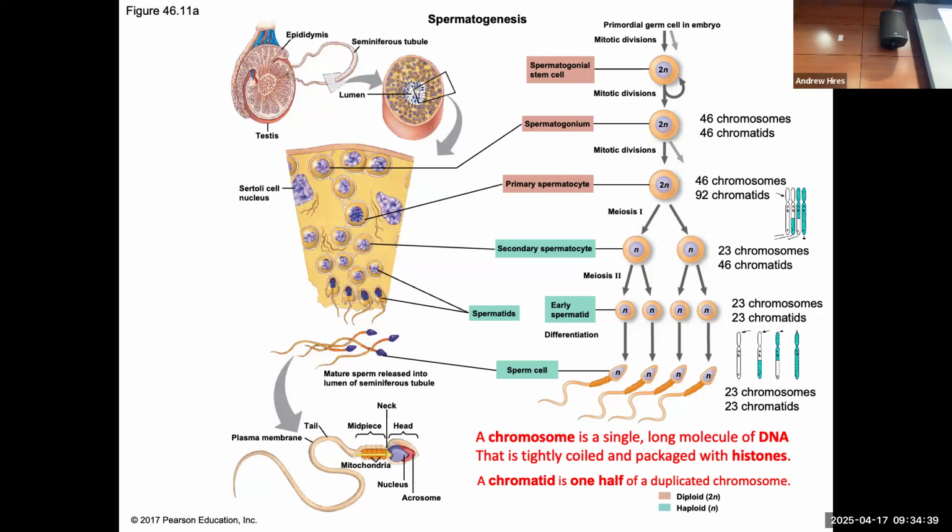Okay, what is a chromatid? A chromatid is one half of a duplicated chromosome. So you can have one chromosome that has two copies of itself, and you have the sister chromatids. That only happens at certain phases of the meiosis cycle here. So if we look back at how many chromosomes you have at each stage, let's go back to this one.